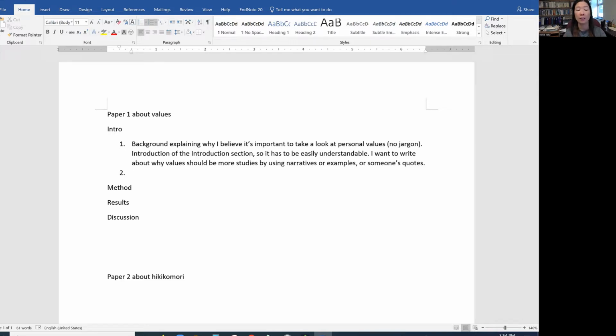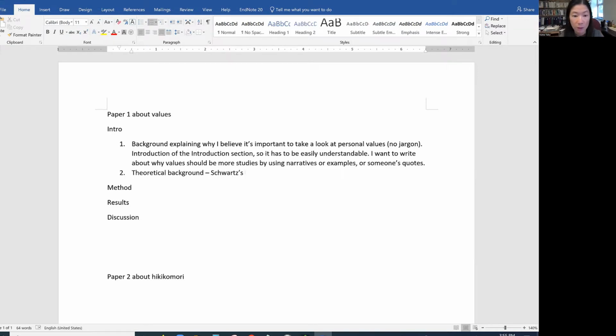And now here comes the actual business, which means I've got to talk about the theoretical background. So even though I can start with the narratives and why I believe values are important, of course there are a lot of studies already done about values. So I need to provide a theoretical background. For example, maybe I can use Schwartz's theory here.